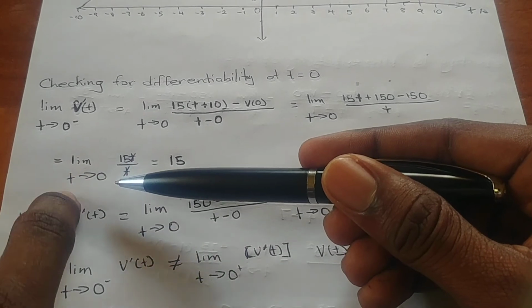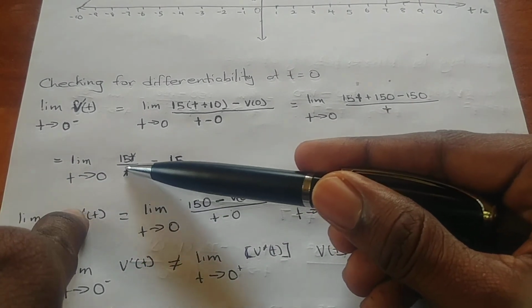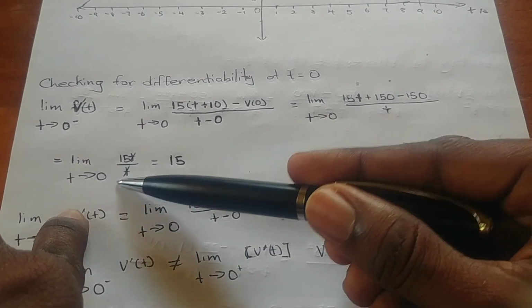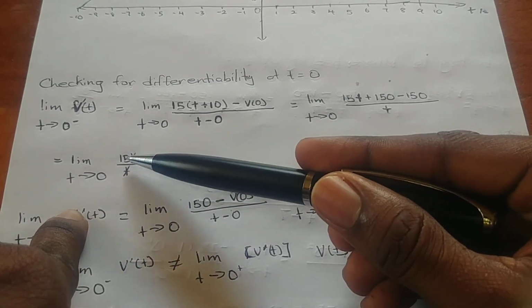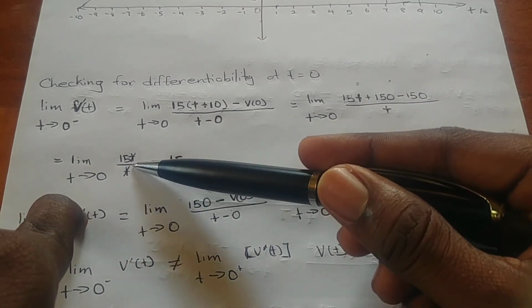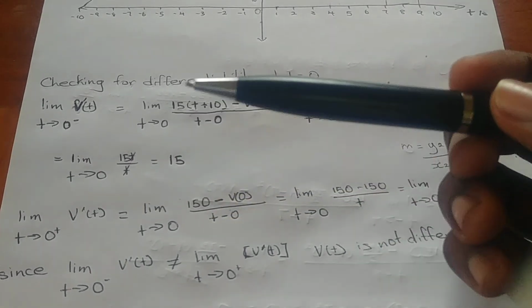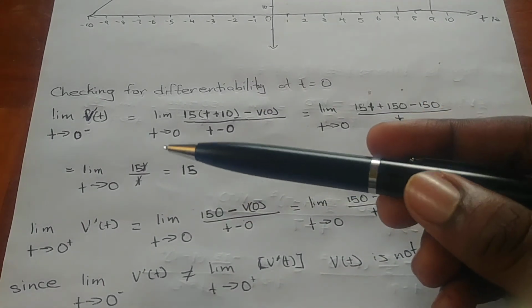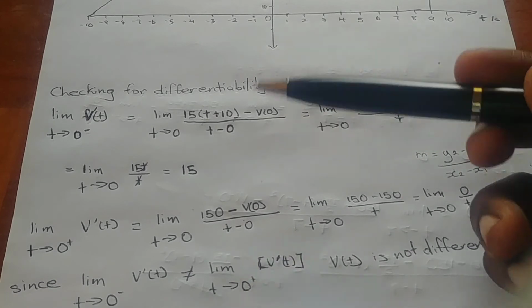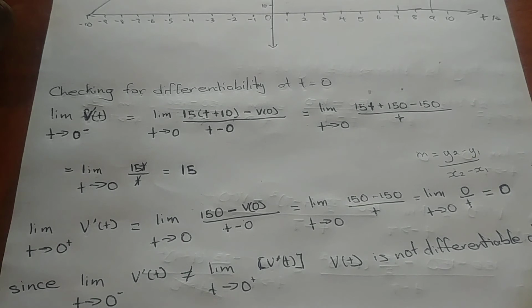But since it's not 0, but it's something close to 0, whatever number you put that's close to 0 here and here, it will cancel out the 2. So you'll get 15 in return. So you have to make sure you simplify. When you're doing limits, you need to make sure you simplify the functions, the equation, as much as possible. And after you finish simplifying, then you can use direct substitution.